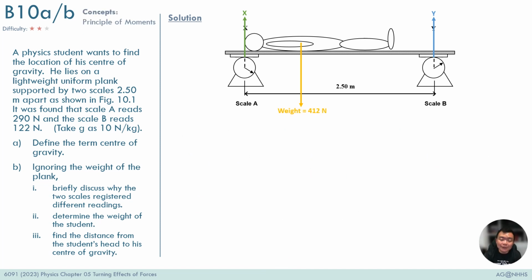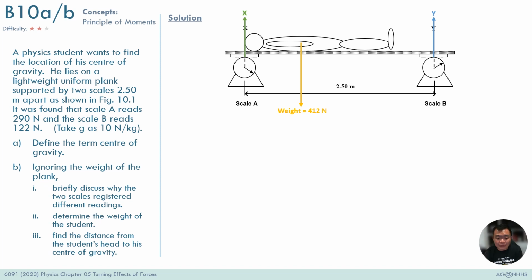So in B part 3, the question is a bit more challenging because we don't really quite know where the pivot is. As I mentioned in a few videos previously, in cases like this, we simply have to choose one of the points on the object as the pivot.